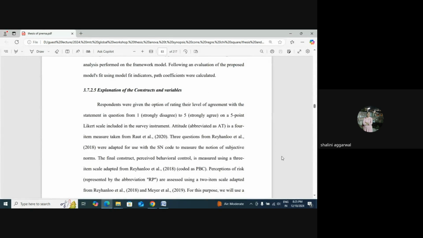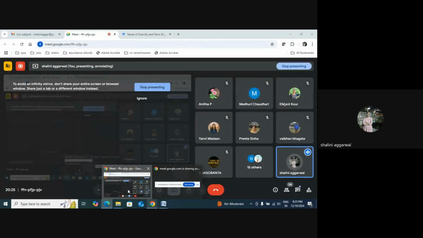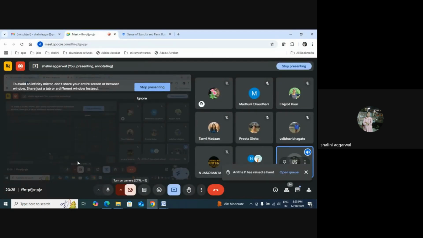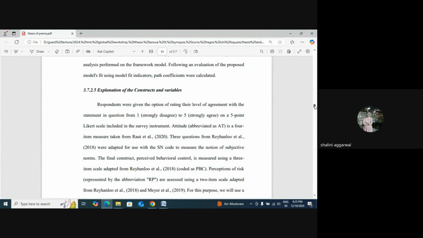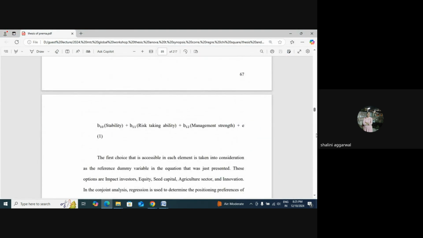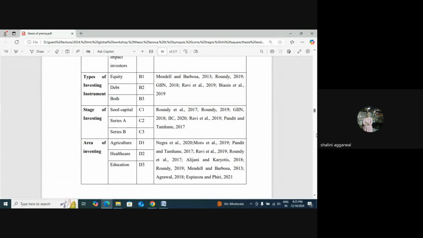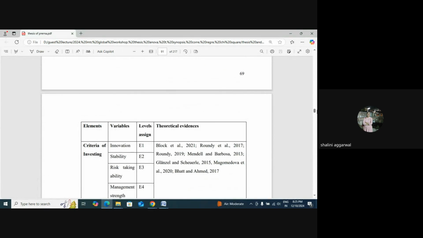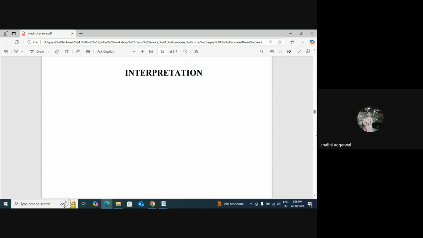Can you see this? Are you able to see it? Suppose, are you able to understand all this? So this data, after that just have a look at this. This is data analysis and interpretation, right?